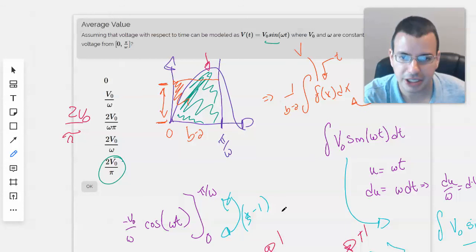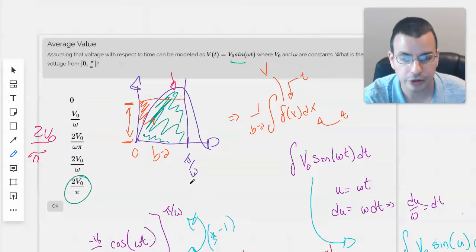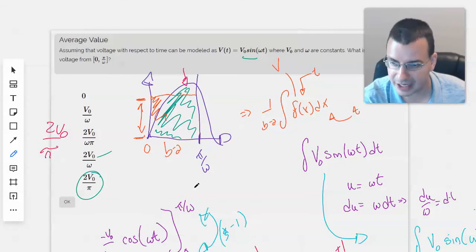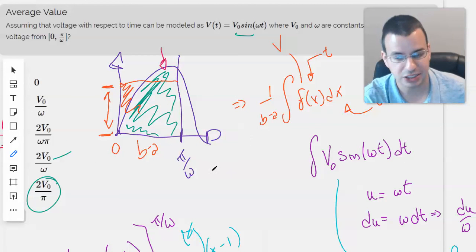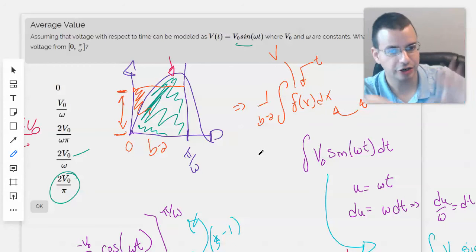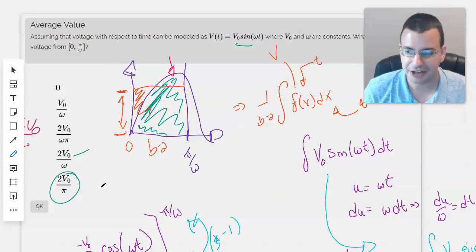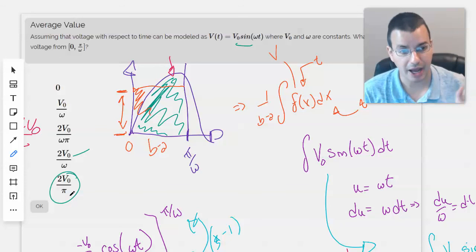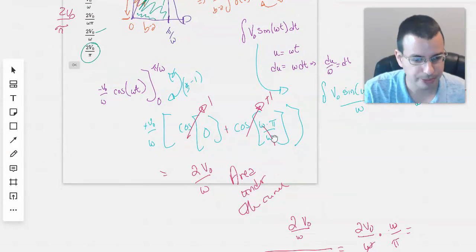So the key part to keep in mind is the answer is not the 2 V naught over omega. You have to multiply by 1 over b minus a, which in this case is just pi over omega. So after you find the area, you divide by pi over omega. The omega cancels out and you're left with pi, which is always nice. I enjoy being left with some pi.